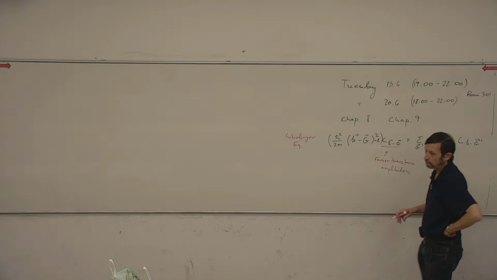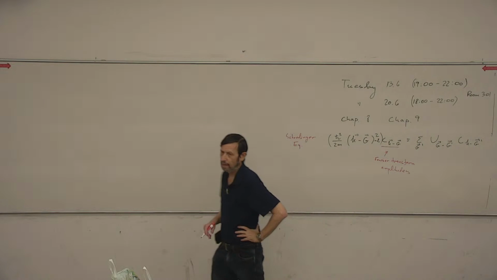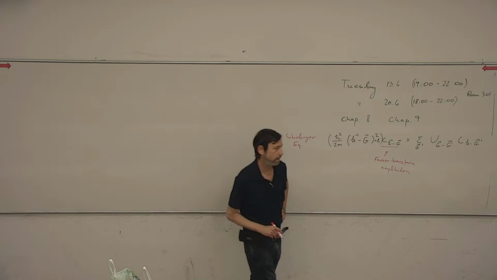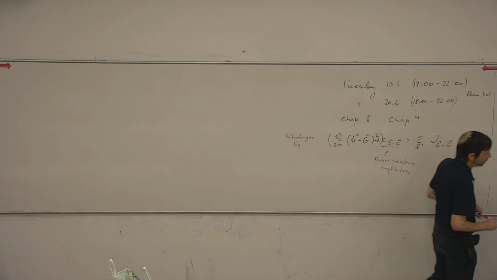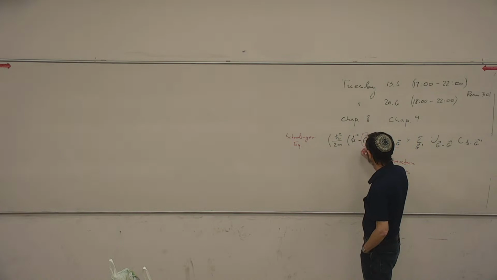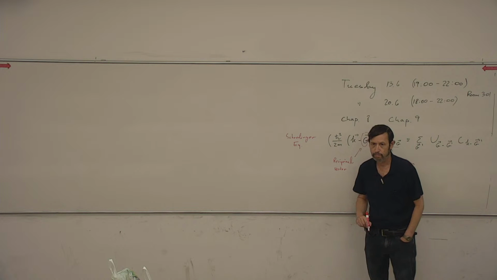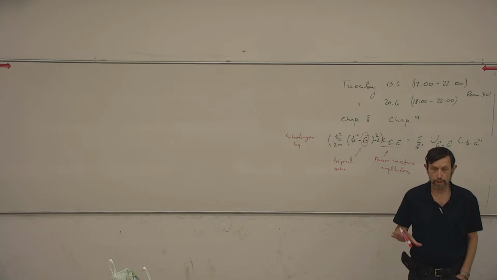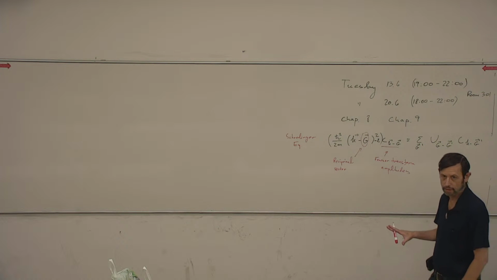Okay, second, and here I deviate a bit from the notation appearing in Ashcroft. This is a reciprocal vector of the lattice.